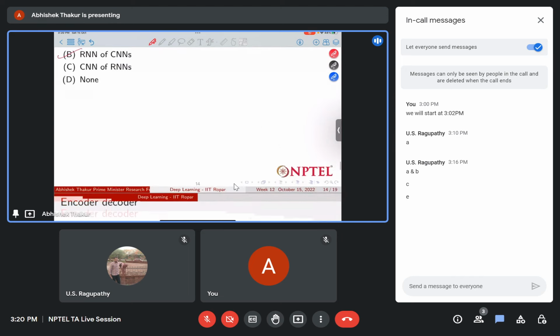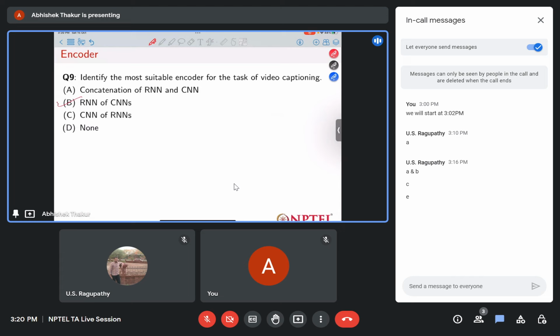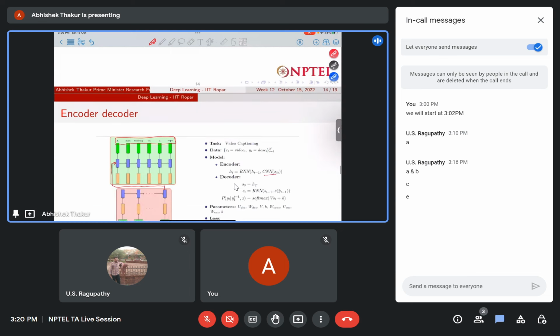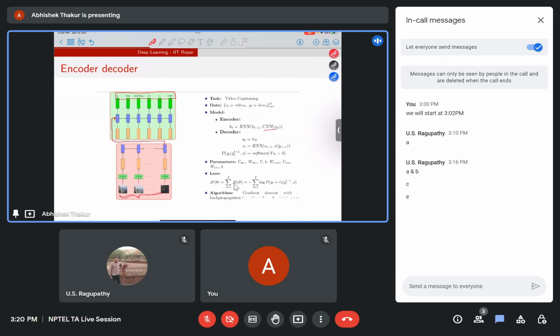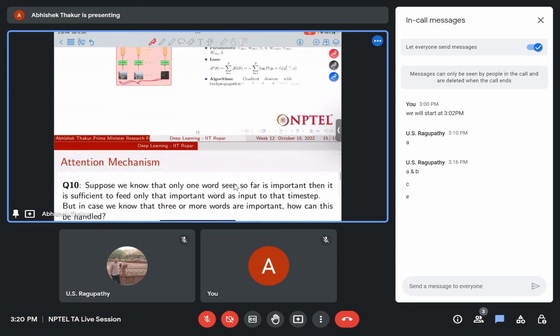So for this kind of video captioning, we use an RNN on CNN. The CNN is just used first to get the output from the images. That is, the final fully connected layer is given as an input to the RNN to describe, or caption, the video or images.